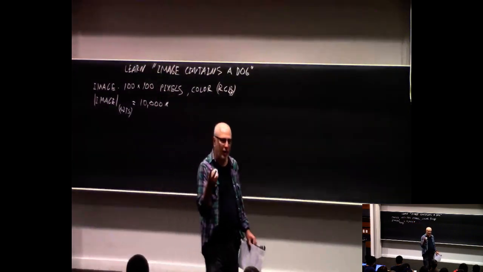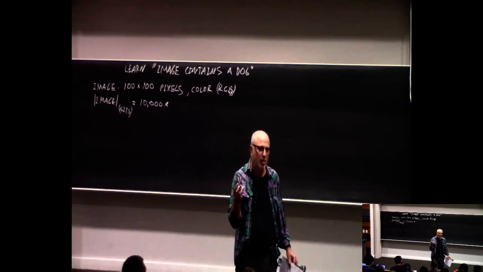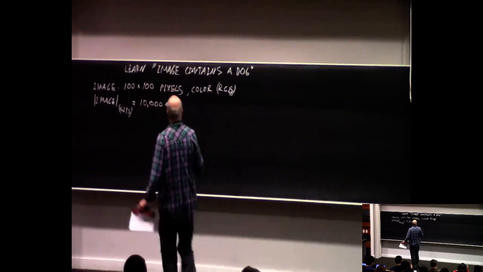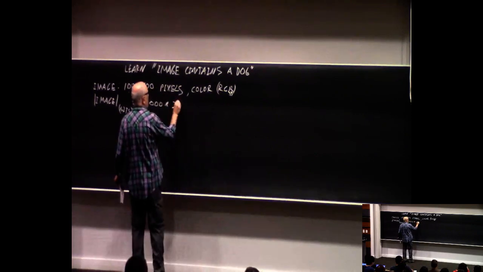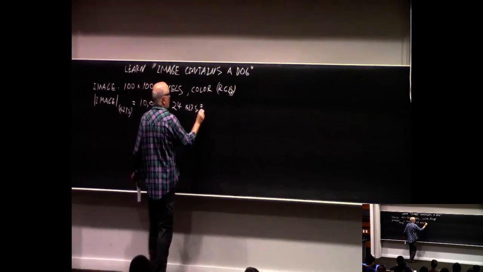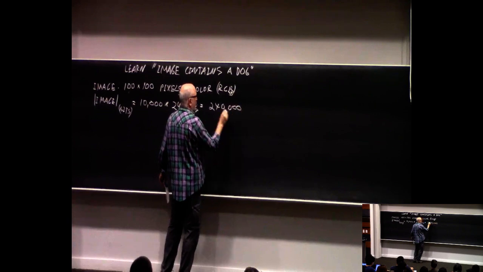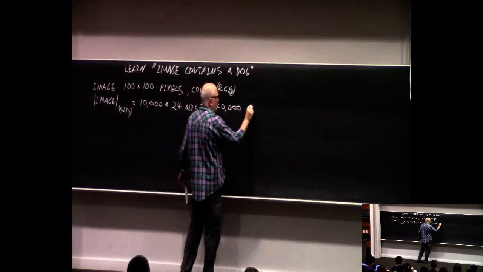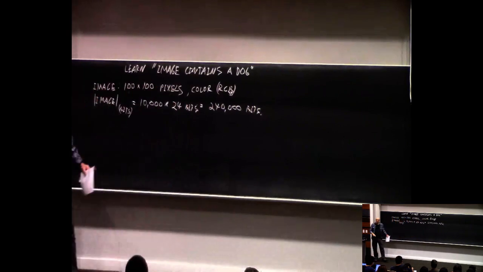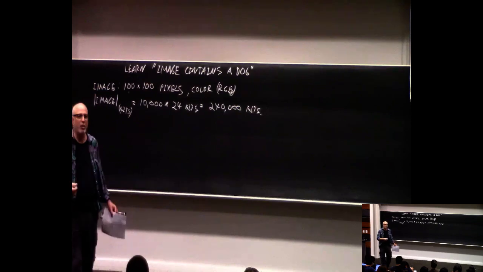There are 3 colors, RGB, and each one of them is typically represented by 8 bits. That's typically called 24-bit color. So 24 bits, and we have 240,000 bits. This is the size of each image. This is the number of bits needed to represent every possible image.